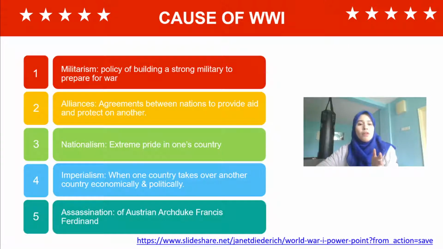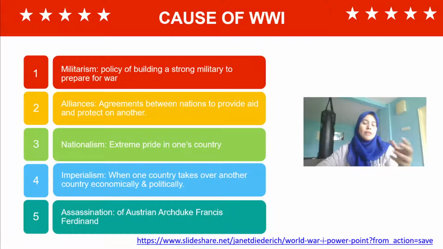The causes of war, there are at least five reasons. Number one, because of the glorification of militarism, whereby to have a strong military power is also resembling or representing a strong state.